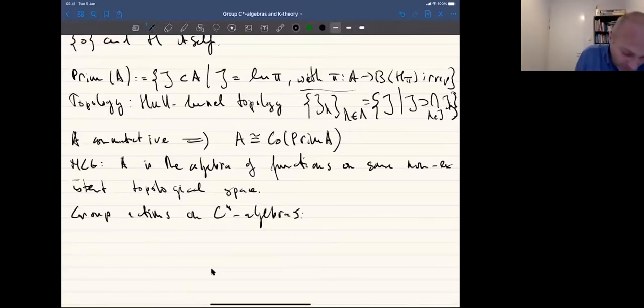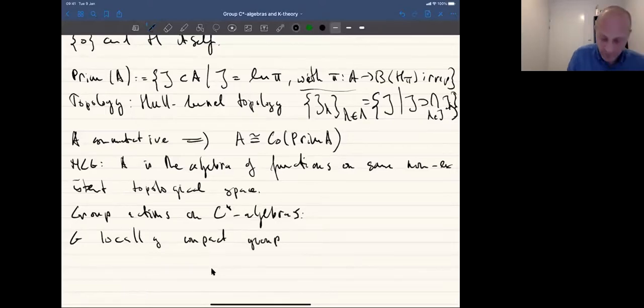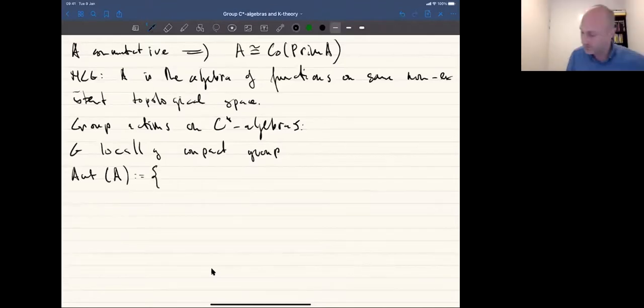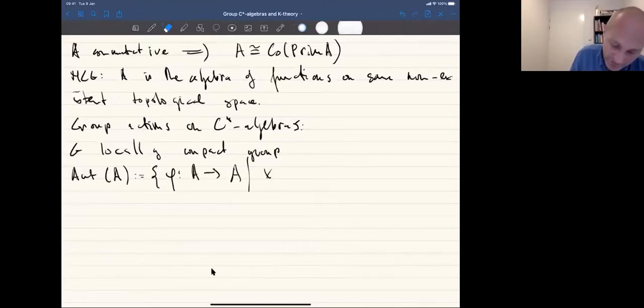So we have a locally compact group G, and that's all along, and to a C-star algebra A we can associate this group here, Aut A, which is the set of phi from A to A, and phi should be a star isomorphism.